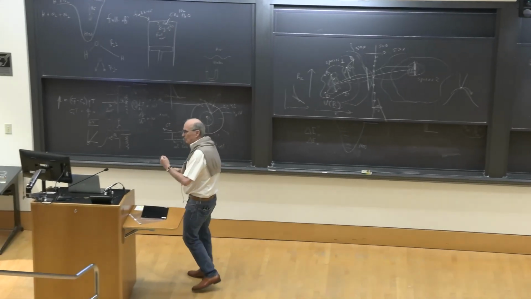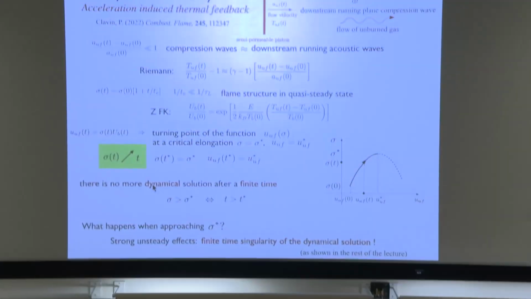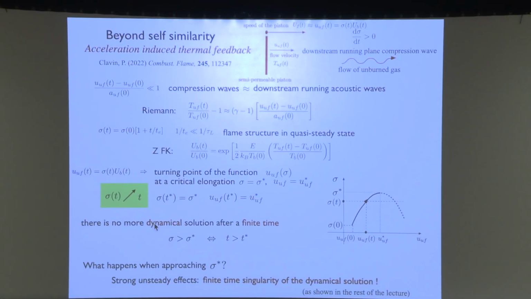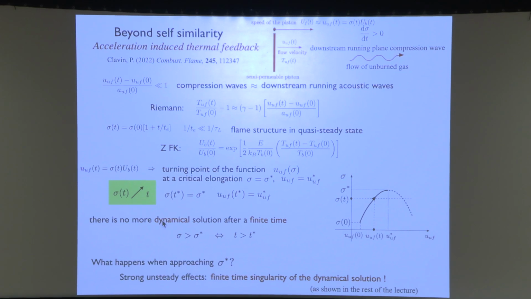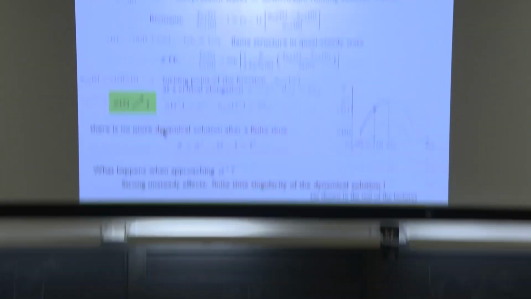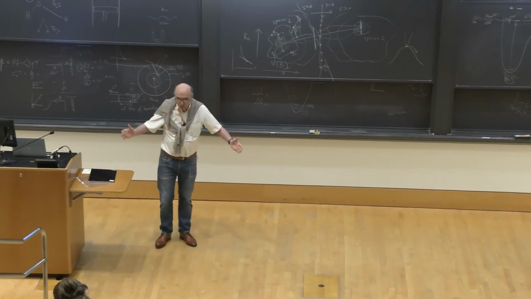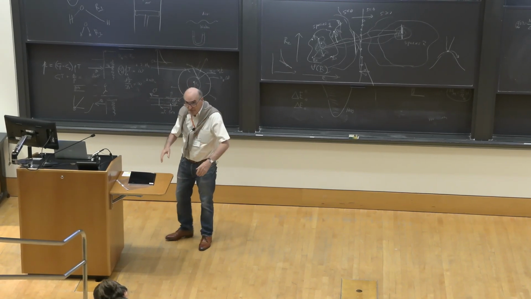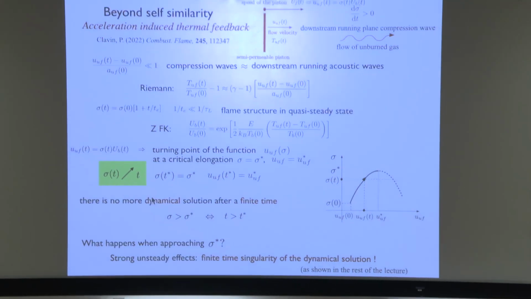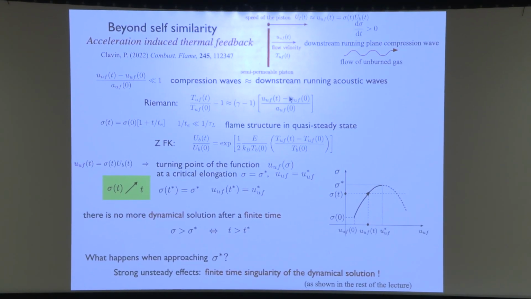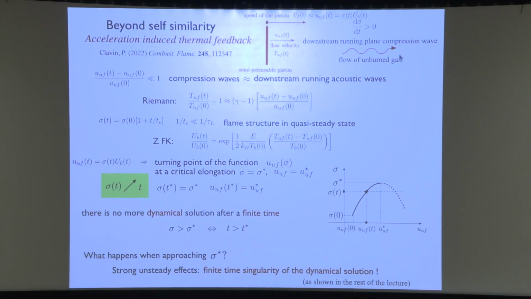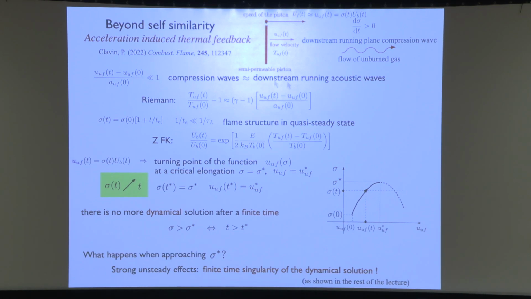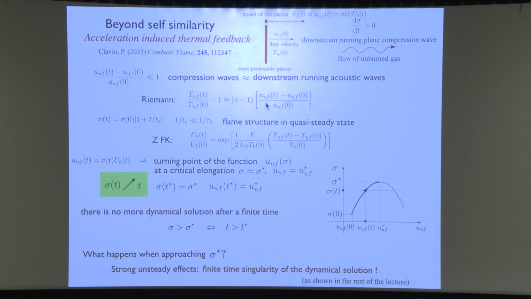So it is a partial dynamical solution, and even, like the fully steady self-similar solution, there is no solution above a critical elongation. Same thing. This is simply because Riemann tells you that you do not have to worry about the unsteady flow. You just have to recall the relation between the temperature on the piston and the piston velocity. That's all.